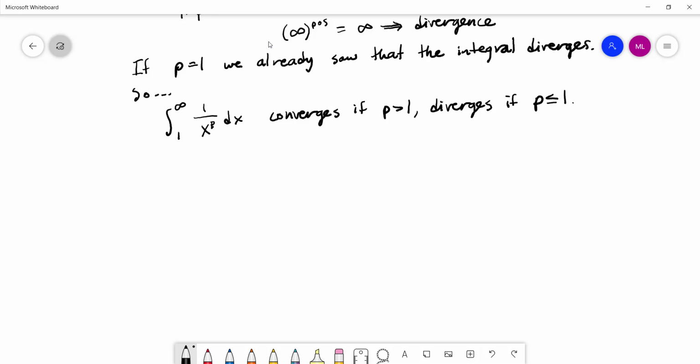Basically, there's an asymptote somewhere within our integrand that we're trying to integrate through. So this is our type 2. And I'll refer to these as improper integrals with infinite discontinuities. So basically with asymptotes.